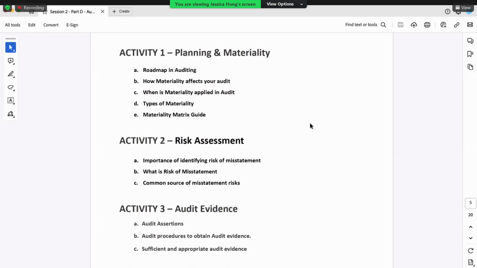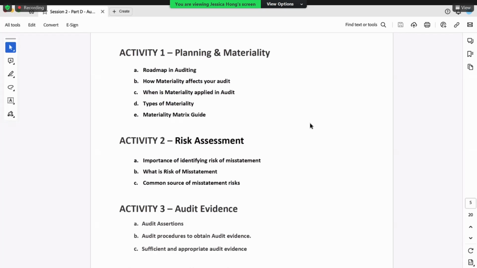Now in the exam question, sometimes they do shed some information on materiality. So we have to be very clear on what we mean by materiality. When the question asks you to identify, you must be able to understand what the question wants. So we are going to share with you the types of materiality, and we're going to show you some examples of the matrix guide.